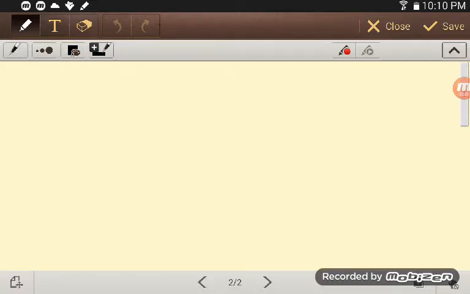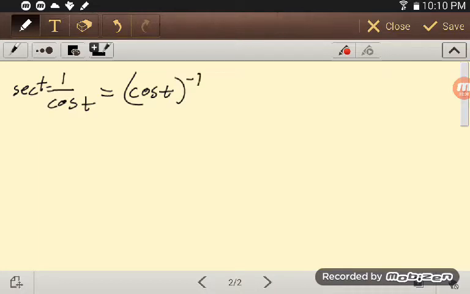Well, because secant, that's just 1 over the cosine, right? So secant t equals 1 over the cosine. Or I could say that that's cosine of t to the negative 1, not to be confused with inverse cosine where you put the negative 1 right there. So it's a funny math thing. So this is 1 over the cosine.